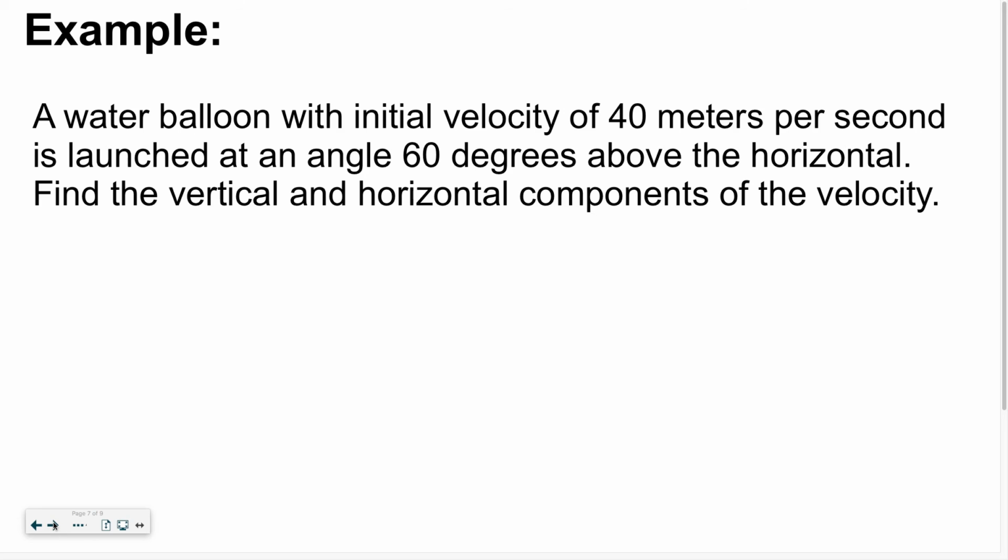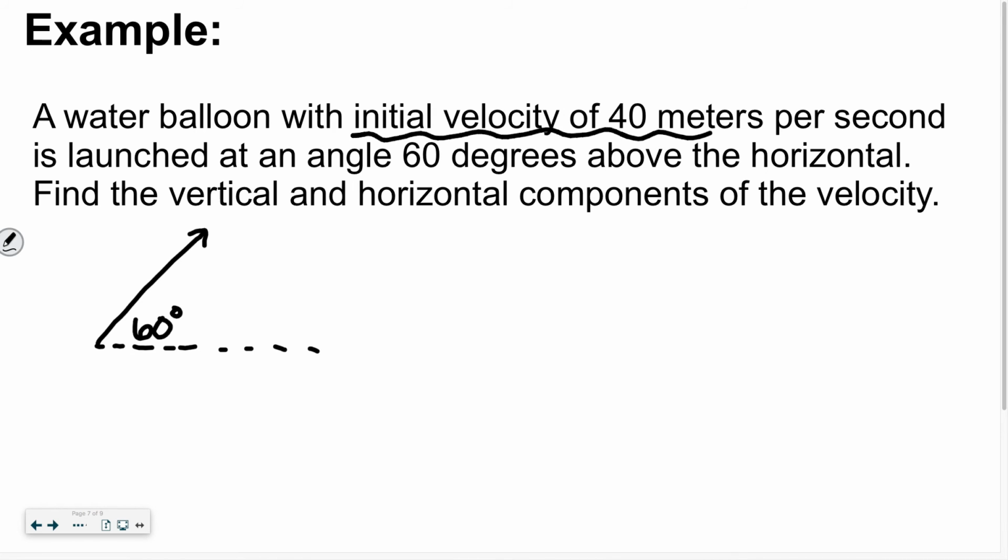Now, on some of these, I might start with a picture, because if you don't know what to do with vectors, you can always fall back on a picture with trigonometry. So let's see, I'm launching the water balloon at a 60-degree angle above the horizontal. So horizontal would be here. This vector represents the path of my water balloon, its initial velocity.